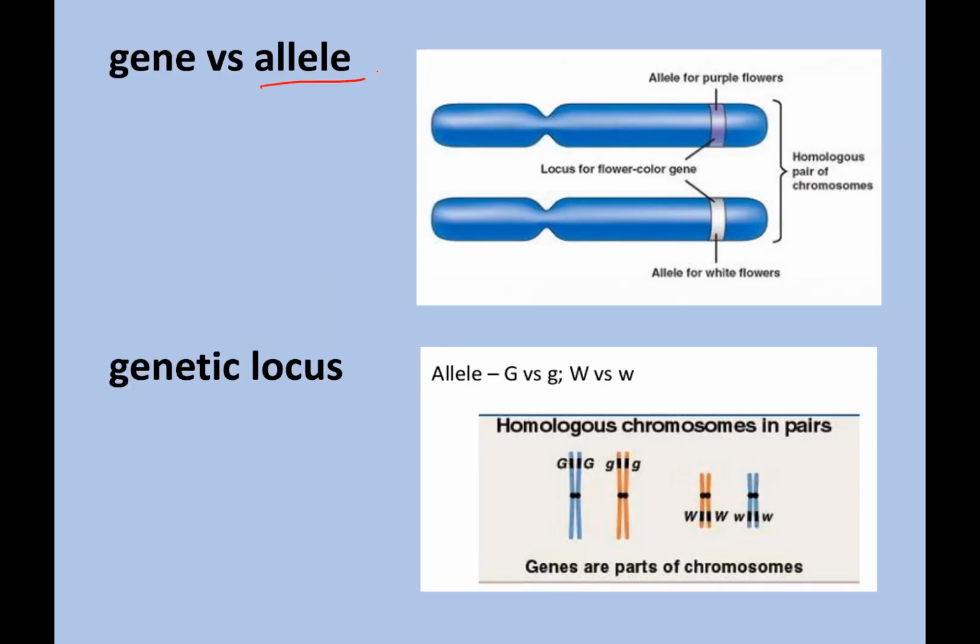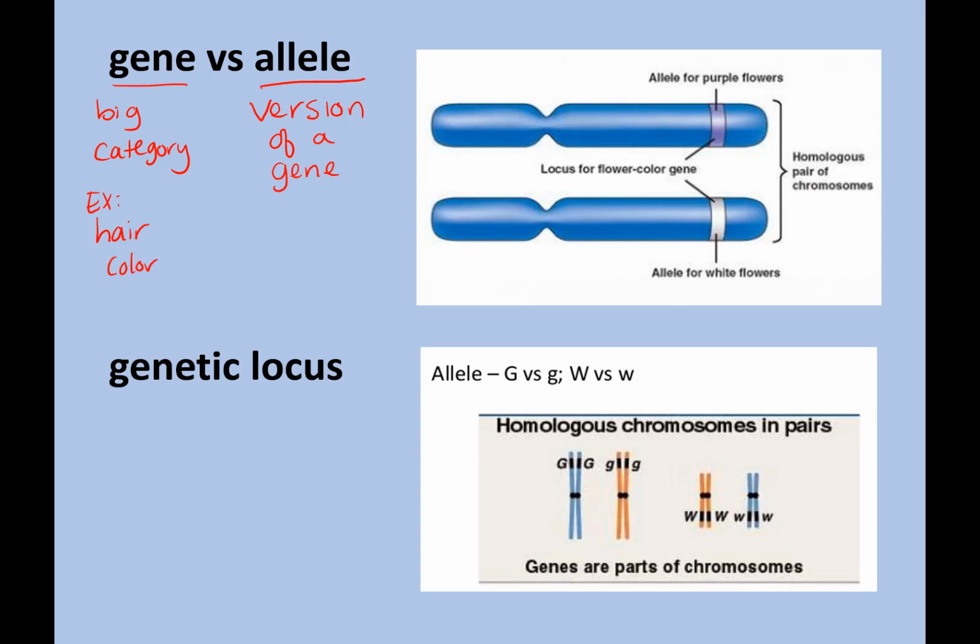Okay, so the allele is a specific version of a gene. So gene is the big category, like hair color.